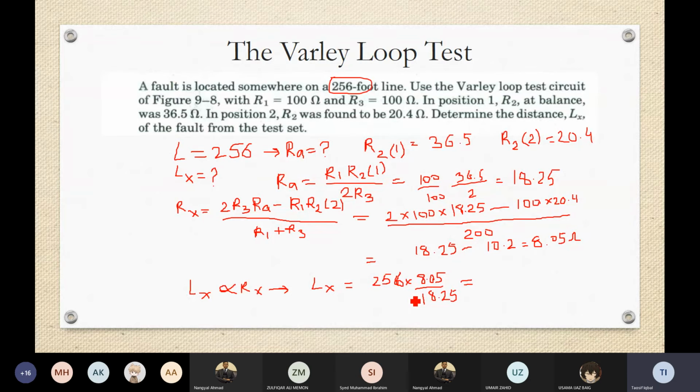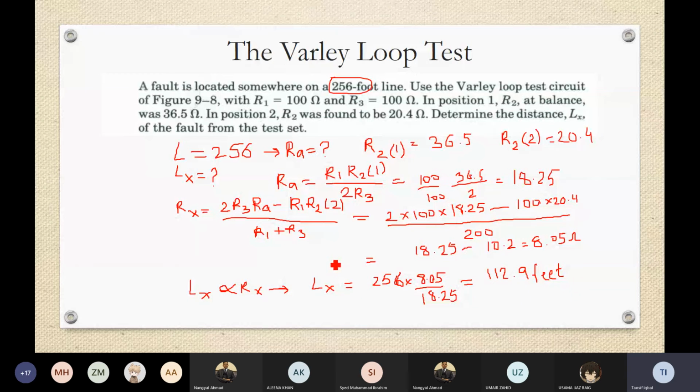How much will this Lx be? Sir, 112.9 feet.